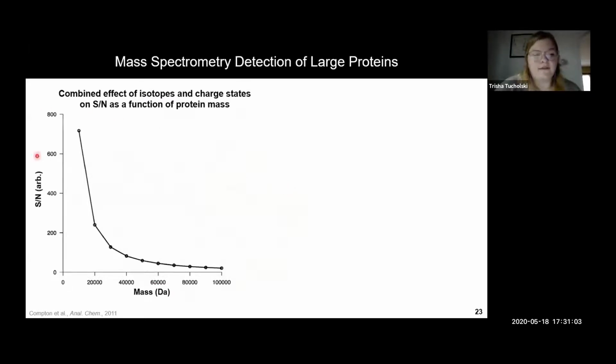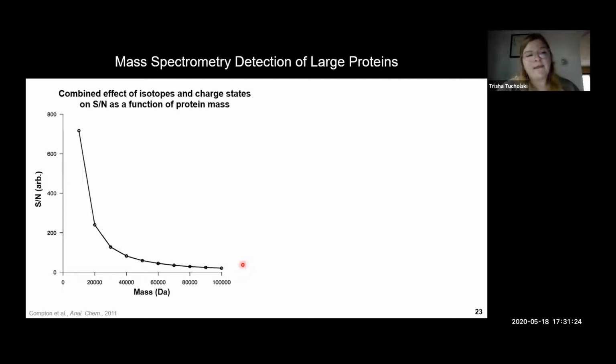If you look at this chart here, it shows you really nicely. If you look at the x-axis, which is mass, as protein mass increases, our mass spec signal to noise exponentially decreases.